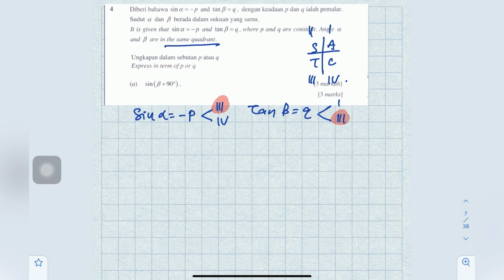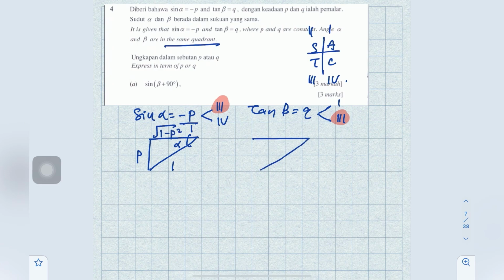So then we have to express in terms of P and Q: sin of beta plus 90. Okay, so we have to draw a right angle triangle. This is quadrant 3, so like this. This one is alpha, sin, so this one is negative P actually over 1. So this P, this is 1. Okay, this one is square root of 1 squared minus P squared.